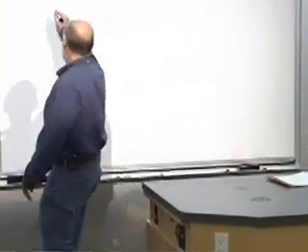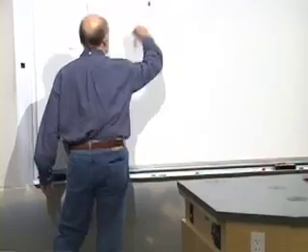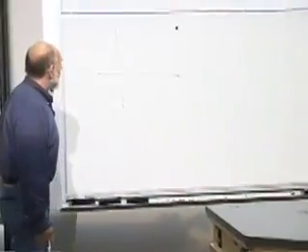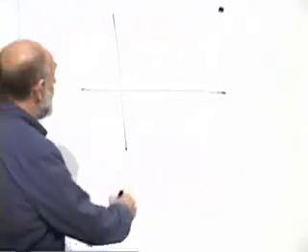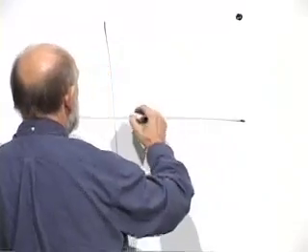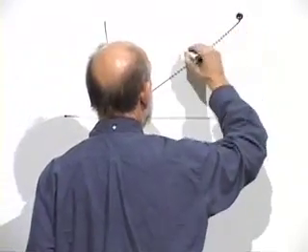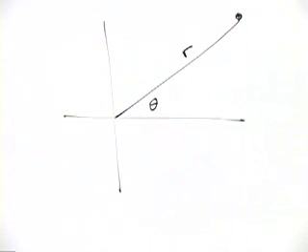So, for example, for the particle in 2 dimensions moving around on a plane, we can describe its location by 2 coordinates. We could use x and y, of course, or we can use r and theta, distance from the origin and angle from the horizontal.